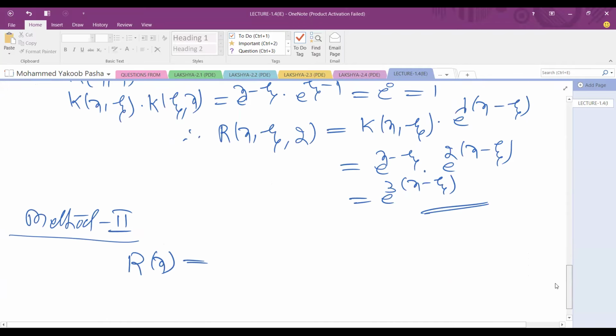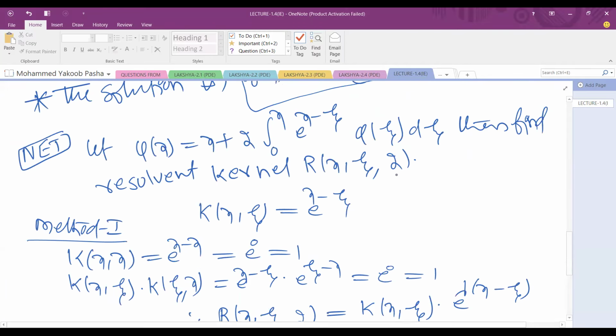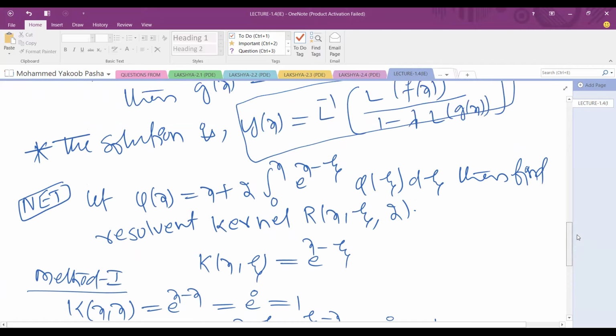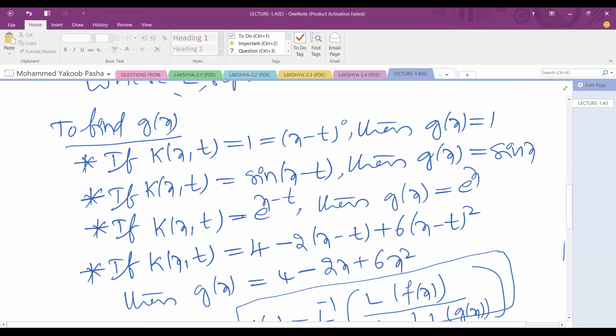See here, first write f of x. f of x is x, lambda is 2. And what is g of x here? For this integral equation, according to this method, when k of x comma t is equal to e power x minus t, then g of x is e power x.